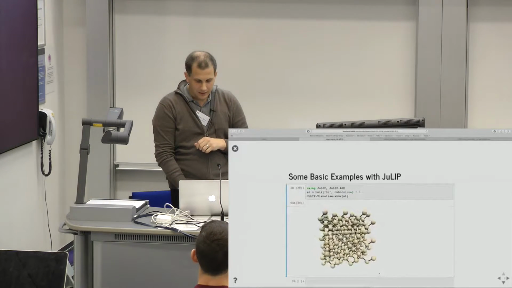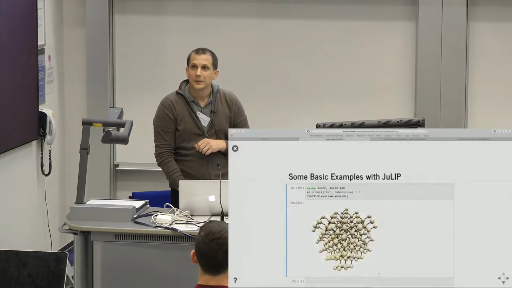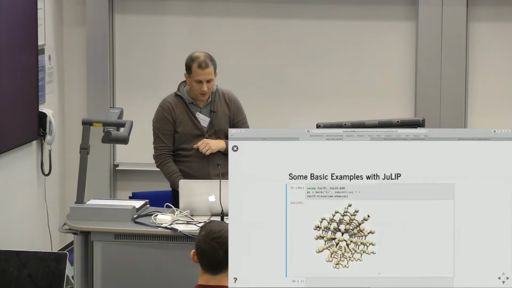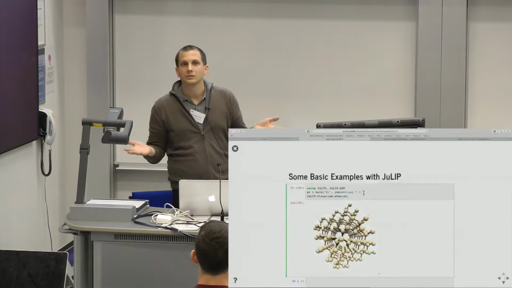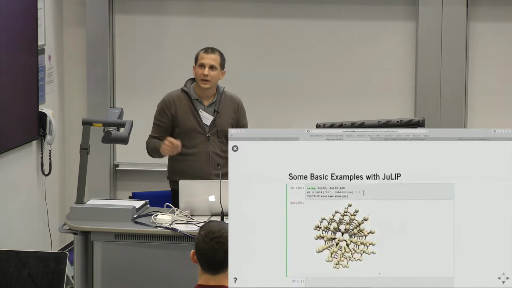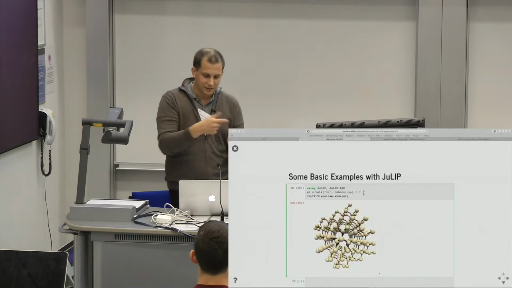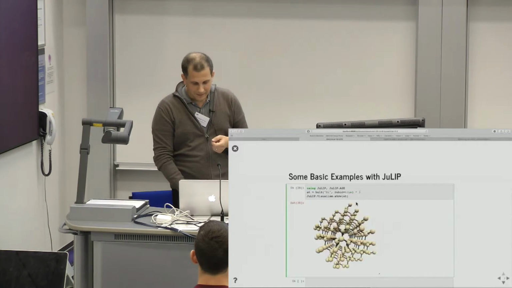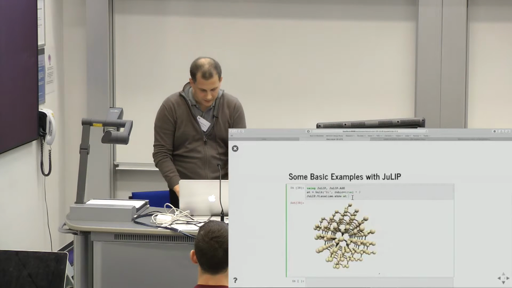That's it, and that's the sort of functionality that I don't want to write myself. What happens behind the scenes here is PyCall. For those who've seen it, PyCall calls ASE, it generates the thing and sends me back the information I need.